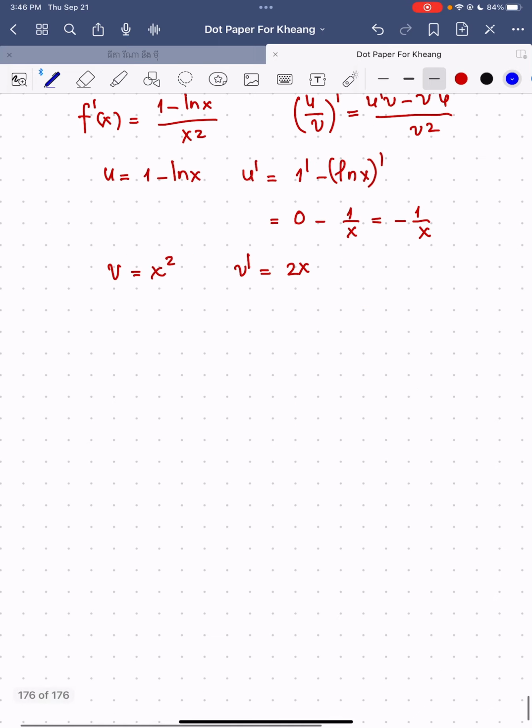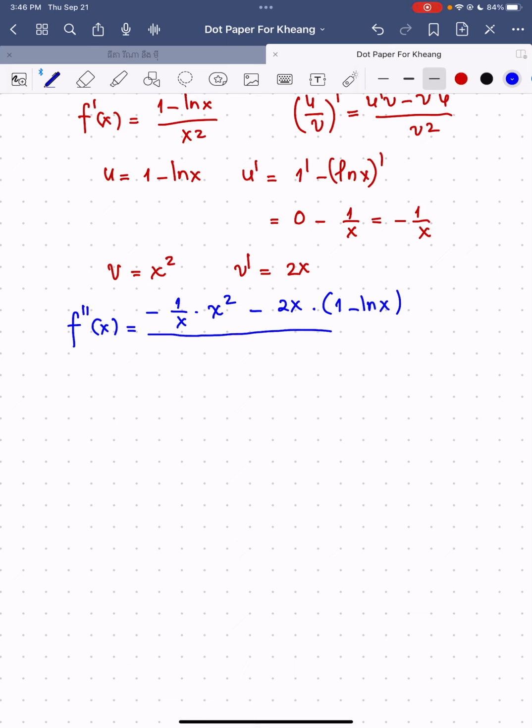So the answer, the second derivative, will be u prime v, so negative 1 over x times x squared, minus v prime u, 2x times 1 minus ln x, over v squared. So v here equals x squared, and squared like this.